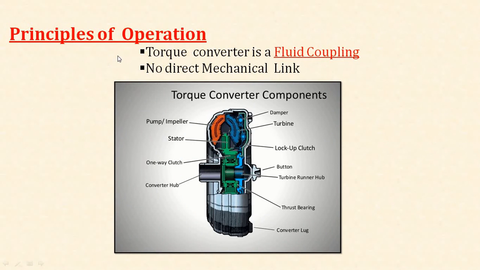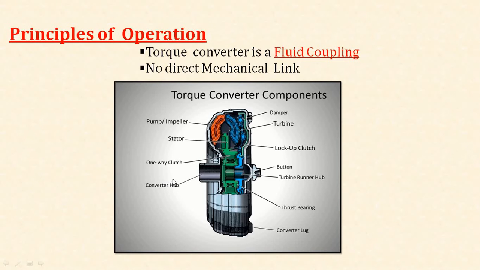Now the principle of operation: a torque converter is a fluid coupling that uses a fluid of specific viscosity. There is no direct mechanical link; it is used to transmit torque from the engine to the transmission or gearbox.